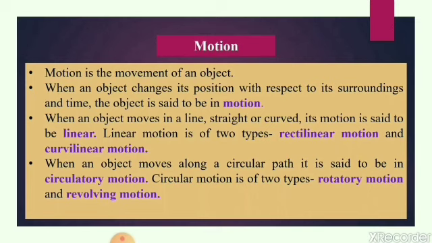When an object moves along a circular path, it is said to be in circulatory motion. Circulatory motion is of two types, rotatory motion and revolving motion. We have studied both types in 6th class.